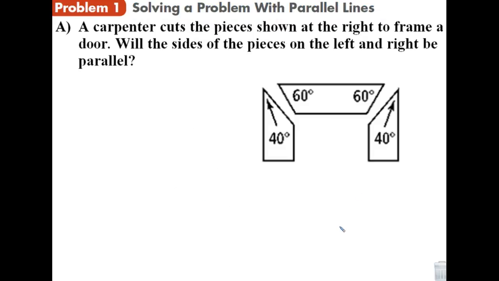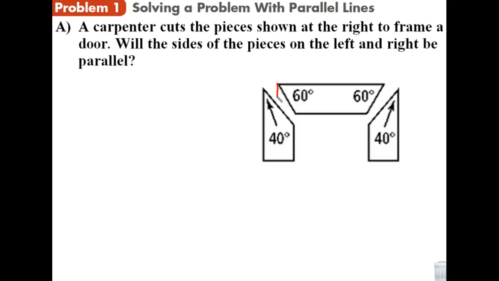All right, problem 1, solving a problem with parallel lines. Part A says a carpenter cuts the pieces shown at the right to frame a door. We want to know, will the sides of the pieces on the left and right be parallel? Easiest way to check that is to see if the segment in between the two of them is going to be perpendicular.